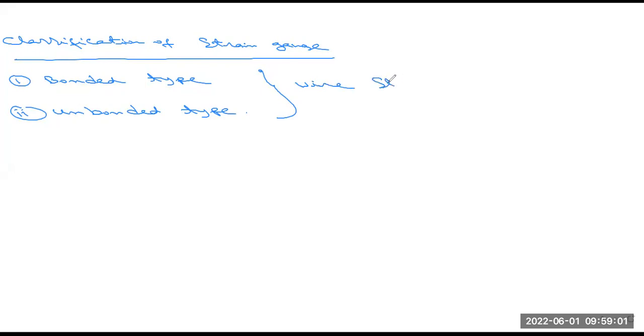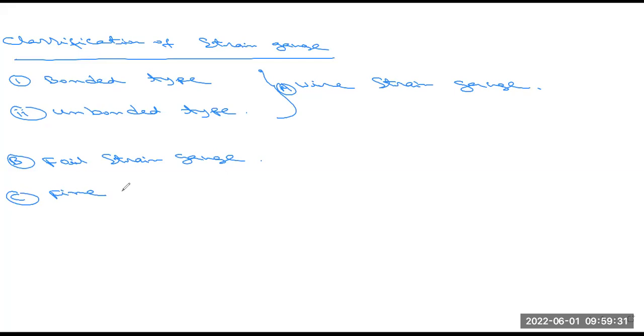Please remember, this is called the wire strain gauge. This is number one. Another one, foil strain gauge, number B. Number C, another one, fine wire strain gauge.